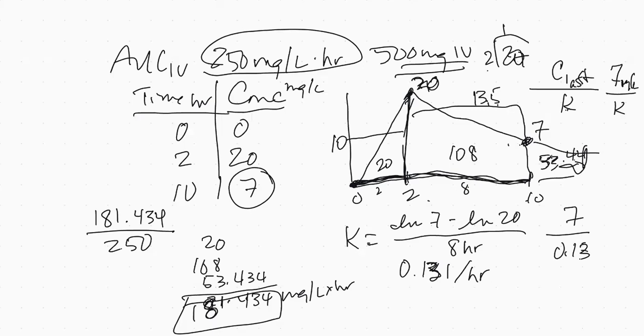All right, so once we have the area under the curve, then we know, so today we talked a little bit about clearance and we realized that area under the curve IV is equal to dose IV over clearance, right?